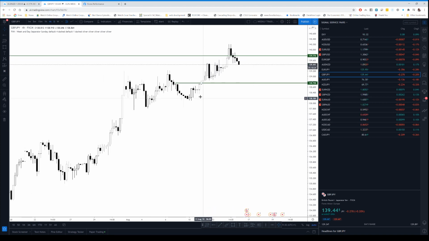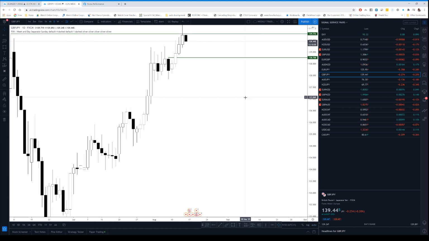It's a daily level, so when price is coming back down, we want to see a reaction, we want to see a rejection. It's not a 4-hour level, it's a daily level, so we want to see a rejection first.